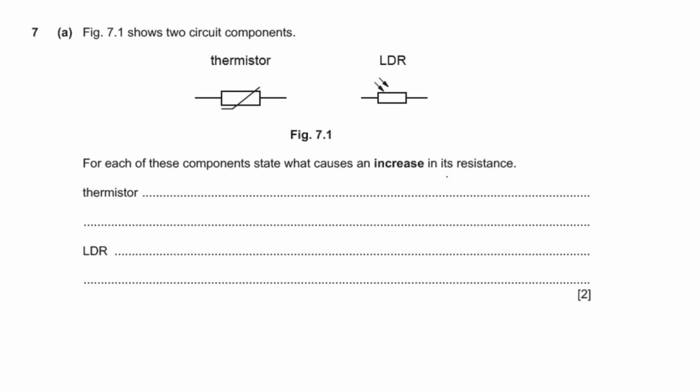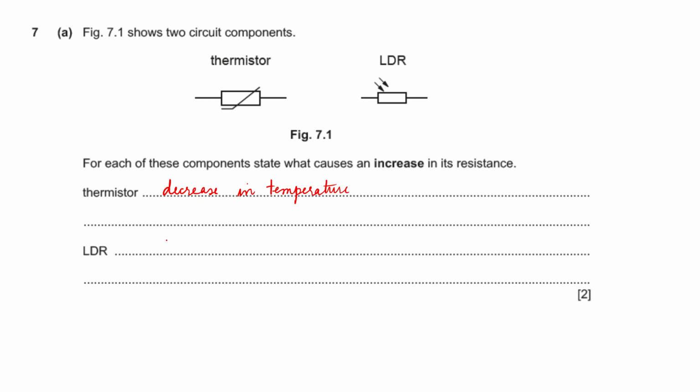So for a thermistor, a decrease in temperature is a cause of increase in resistance. However, there are certain thermistors available in which the resistance increases with the increase in temperature, but generally a decrease in temperature increases the resistance of a thermistor.